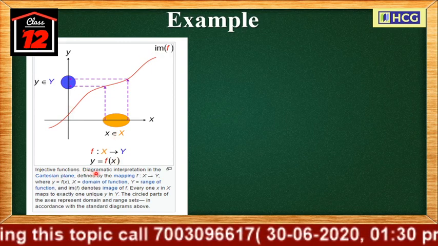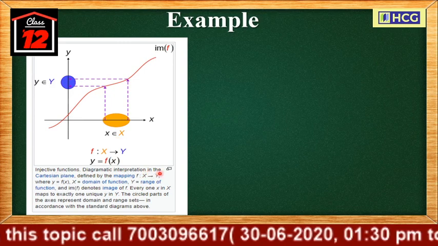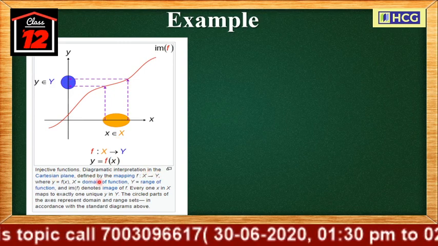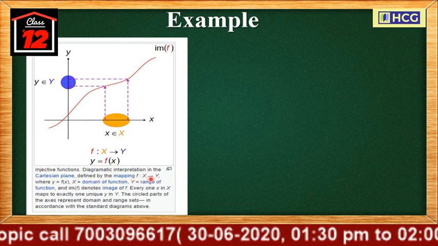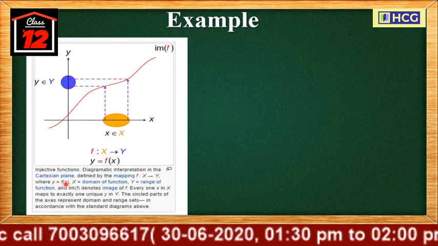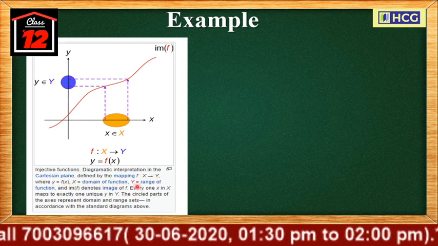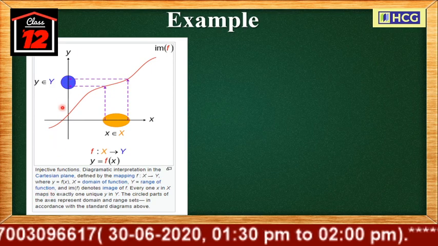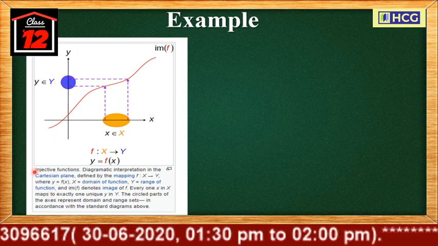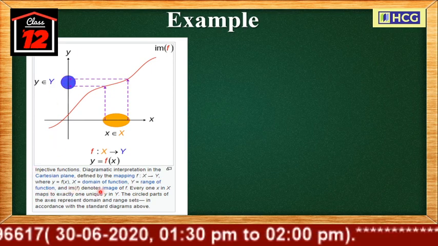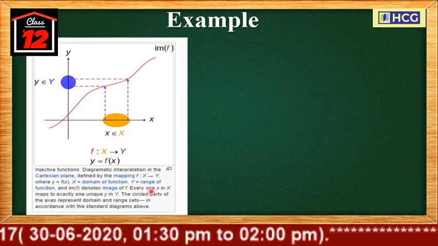Injective function, diagrammatic interpretation in the Cartesian plane defined by the mapping f from X to Y, where y equals f(x), X is the domain of the function and Y is the range of the function, and image f denotes the image of f.